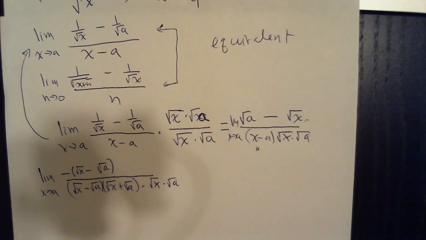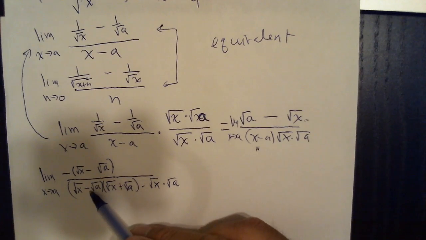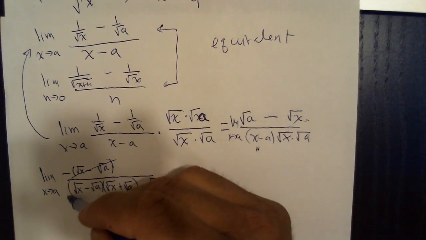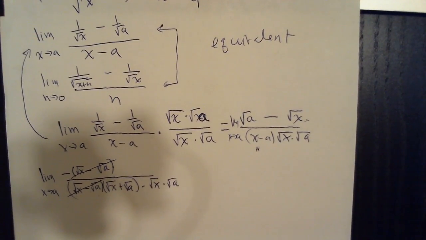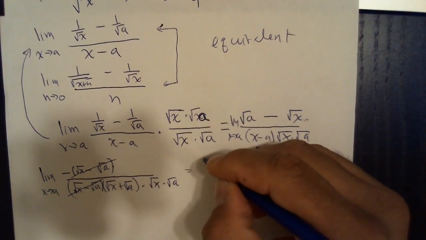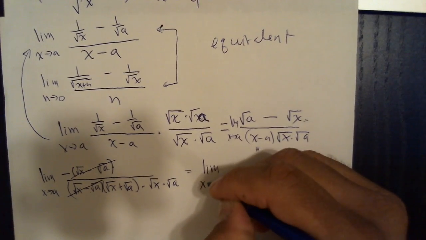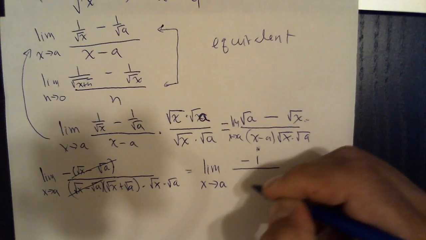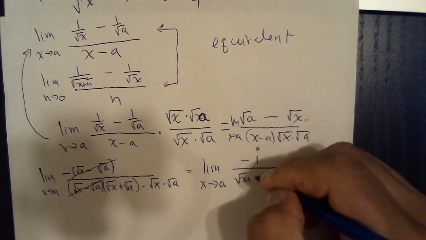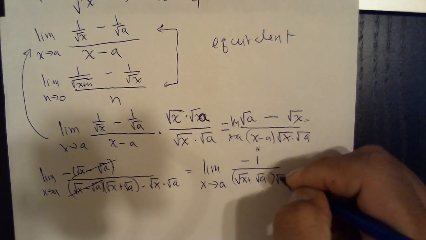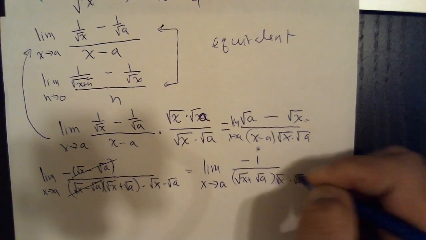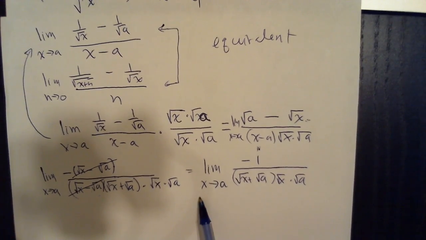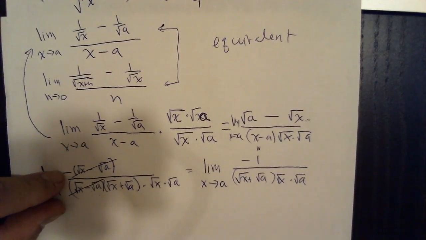Doing this, we notice I can reduce that factor. So the next step is to reduce it, and the resulting expression is very nice. Given this expression, I have no problem letting x go to a.